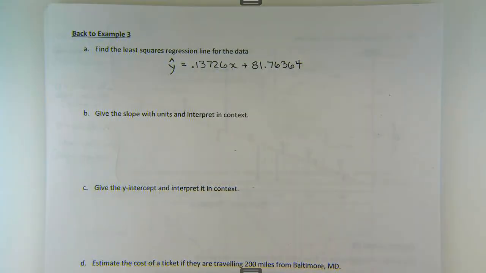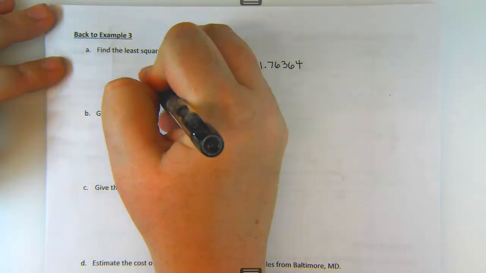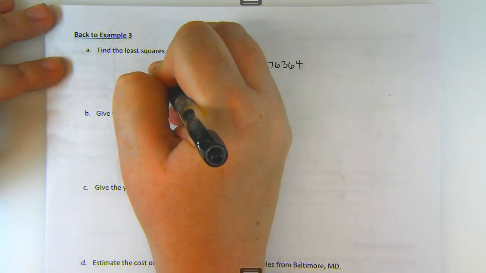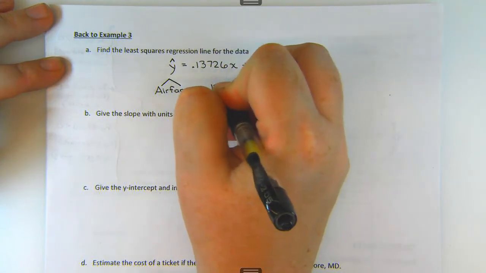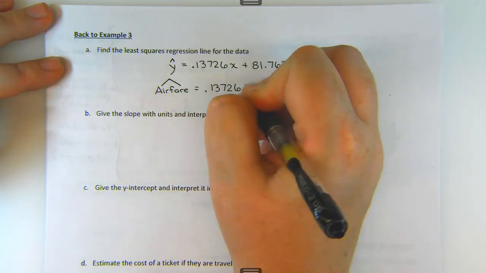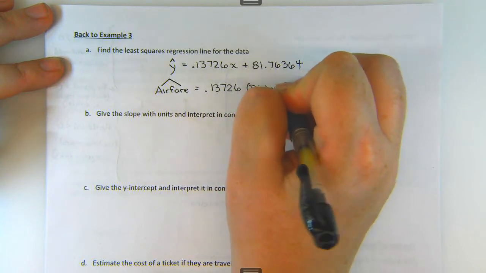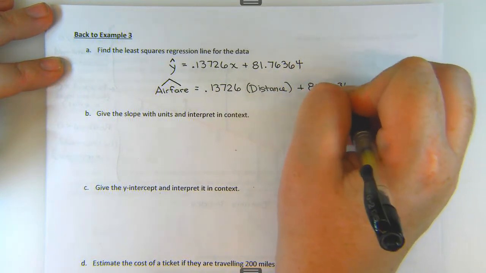Another way you can write the equation of these lines is to use the names of the variables. Where y is represented by airfare and x is the distance, you could write it as predicted airfare, keeping that little hat on there, equals 0.13726, and then where you have x, you can write out the word distance, plus 81.76364.